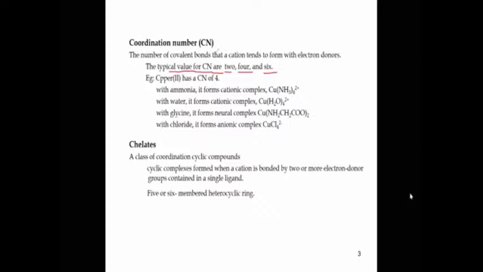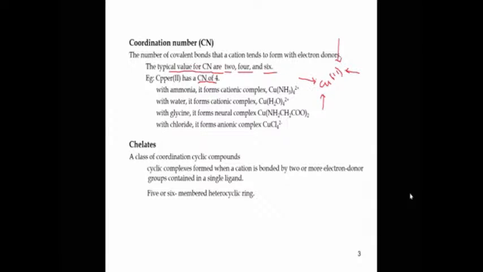If we take copper 2 plus, cupric has the coordination number of 4, right? That means your copper 2 here can accommodate 4 ligands, so it can make 4 bonds with ligands.